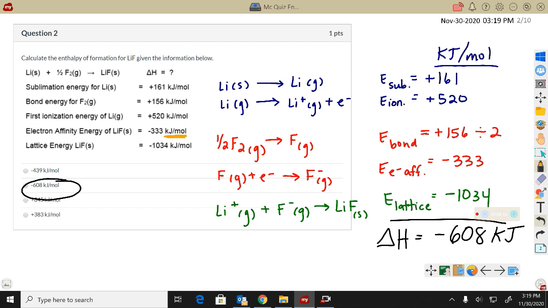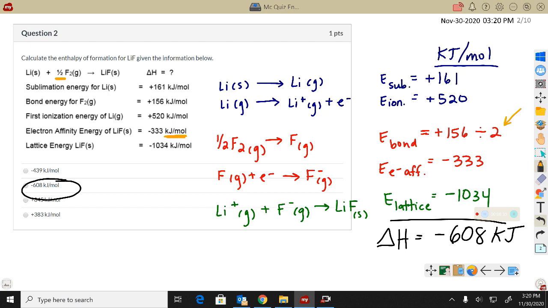But in the balanced equation, I only have half a mole. So I'm going to take that half a mole of fluorine molecules, diatomic. We'll break their bonds so that we end up with 1 full mole of fluorine gaseous atoms. But then I take that bond energy and divide by 2.